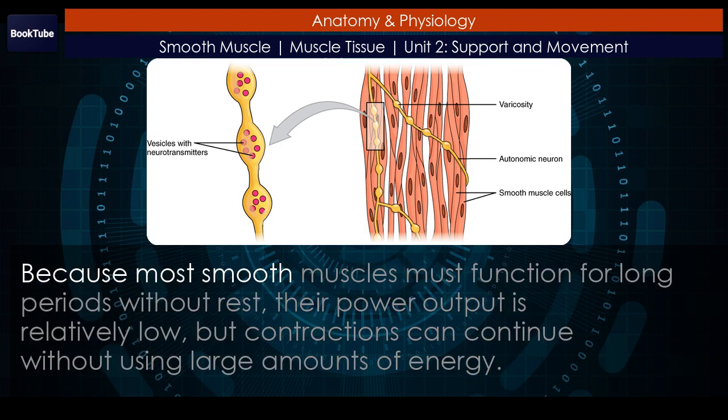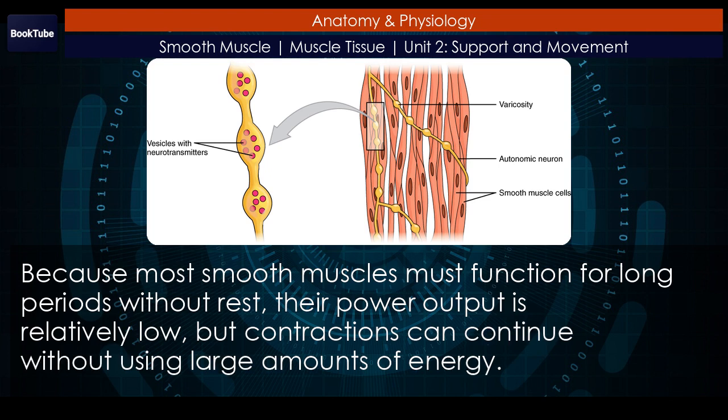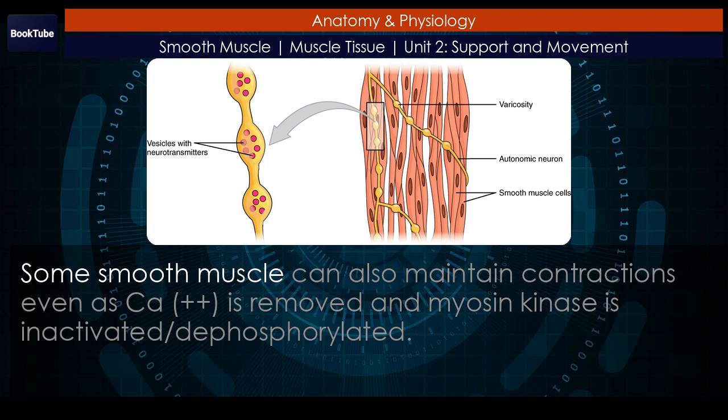Because most smooth muscles must function for long periods without rest, their power output is relatively low, but contractions can continue without using large amounts of energy. Some smooth muscle can also maintain contractions even as Ca++ is removed and myosin kinase is inactivated, dephosphorylated.